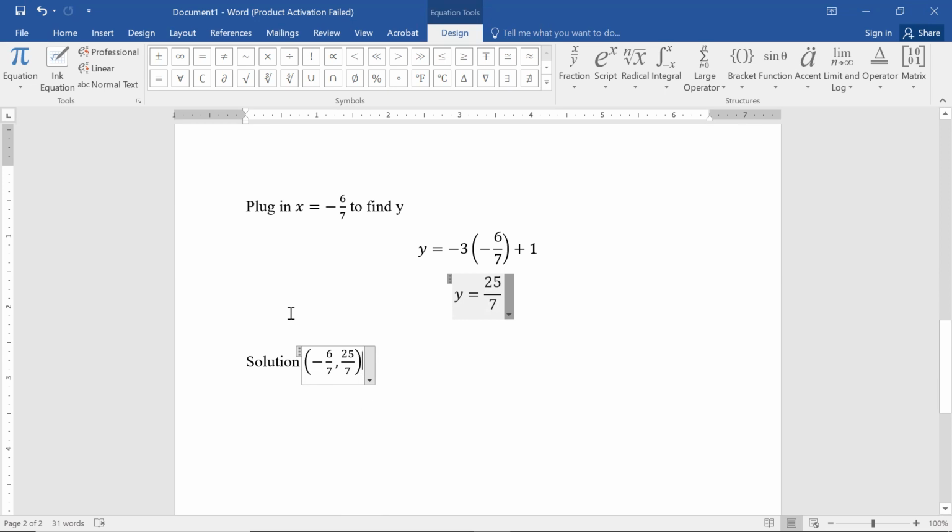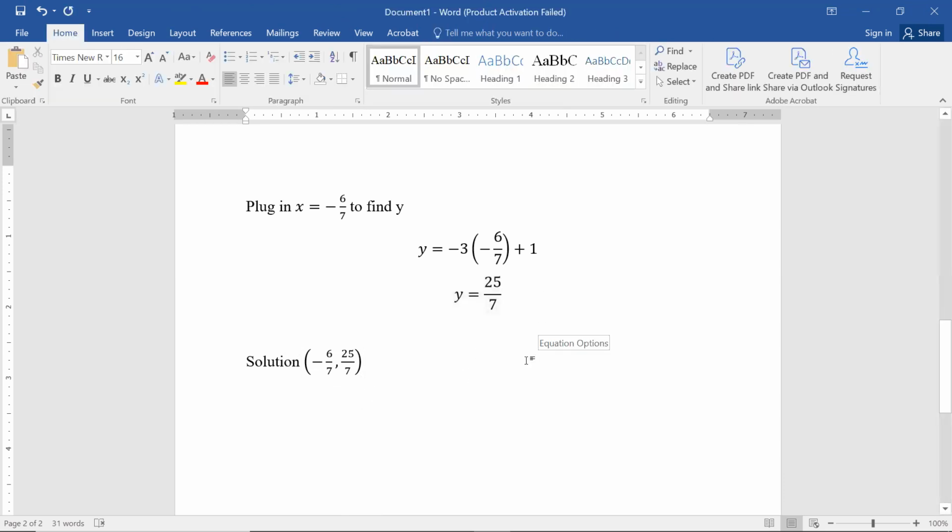Trying to do this problem via graphing would be extremely difficult, because this would be a really hard point to recognize on a graph. So having this algebraic technique is a very, very nice thing.